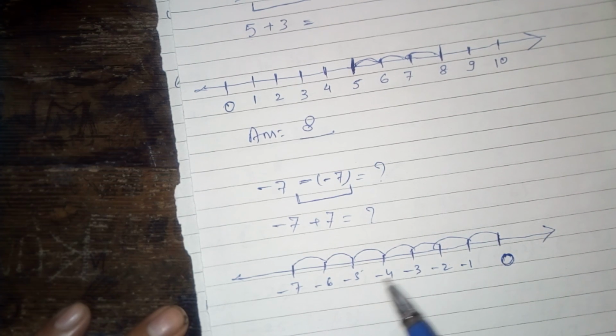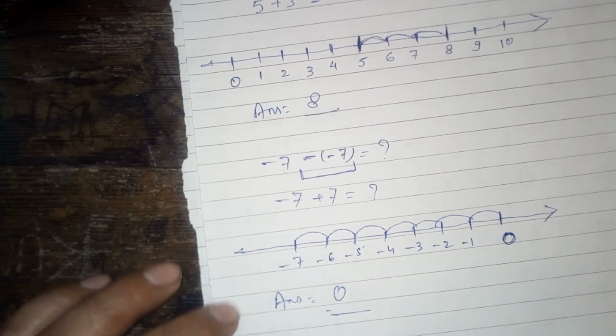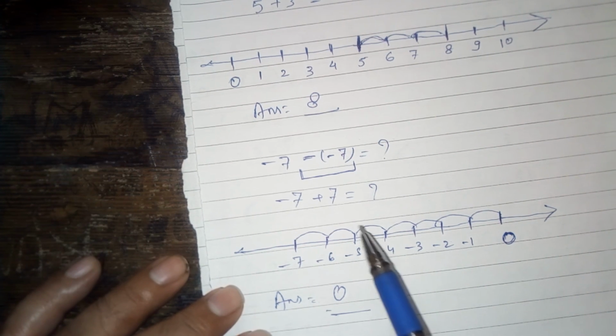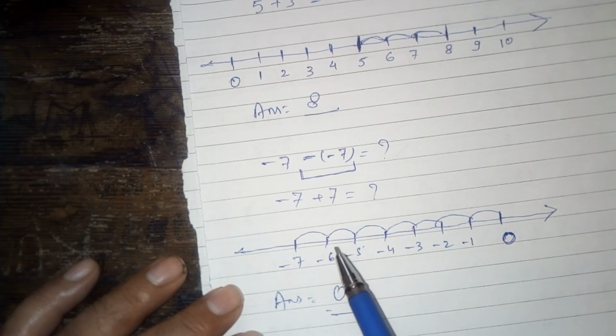The meaning is when we move 7 steps to the right of -7, we reach the point 0. So the answer of this question will be 0.